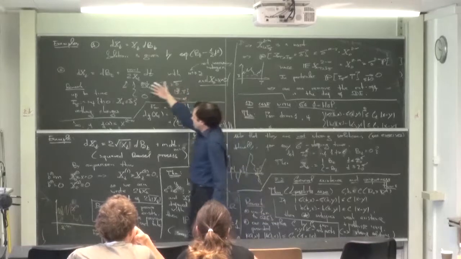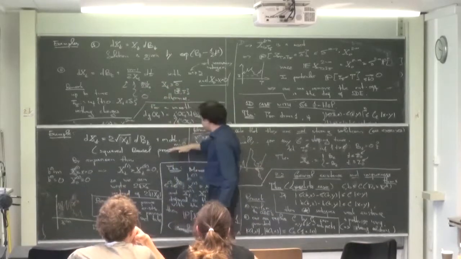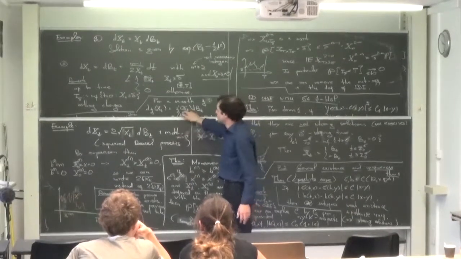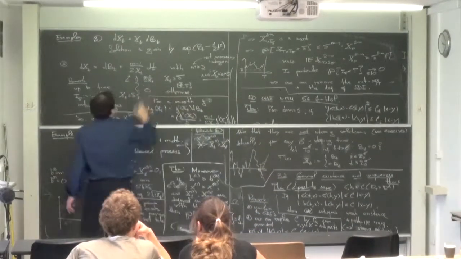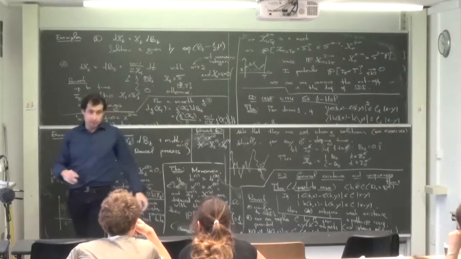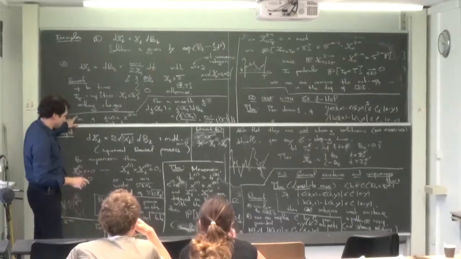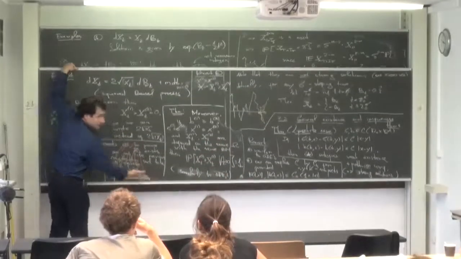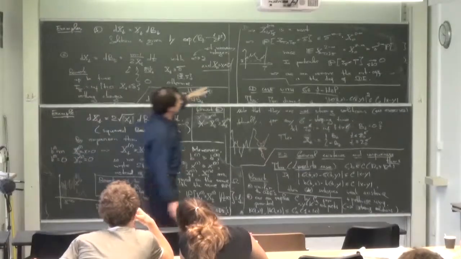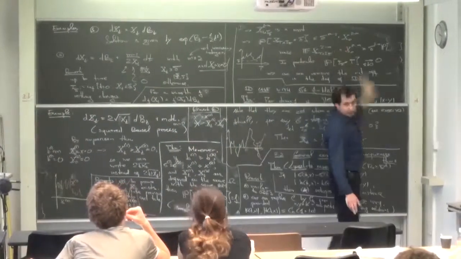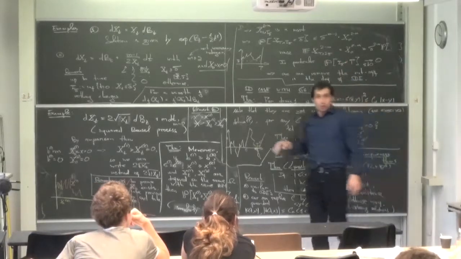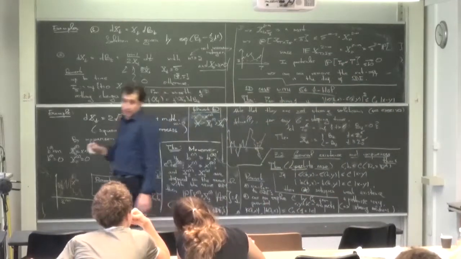The squared Bessel process is defined for all non-negative exponents. The Bessel process itself is not well defined if the dimension is less than 2. The reason is basically exactly here: you need to do something with zeros. And here is the very simple computation why there is such a threshold at m equals 2.